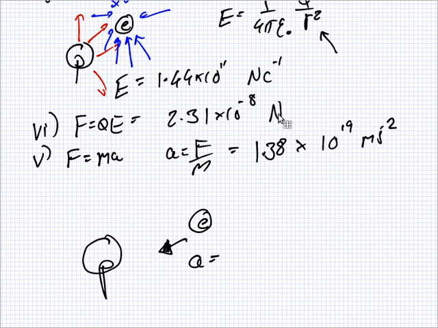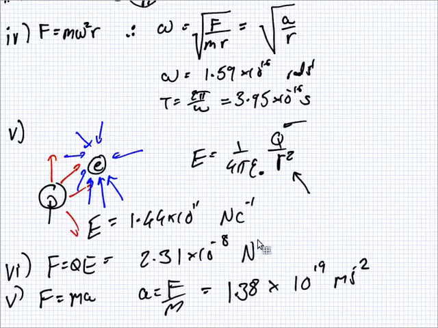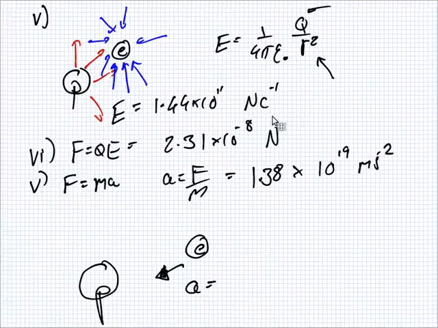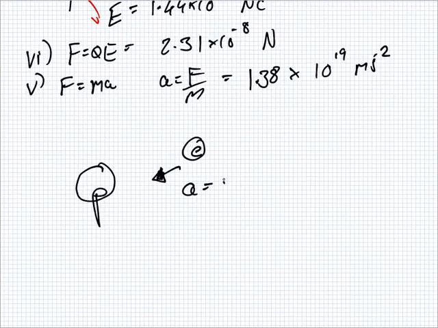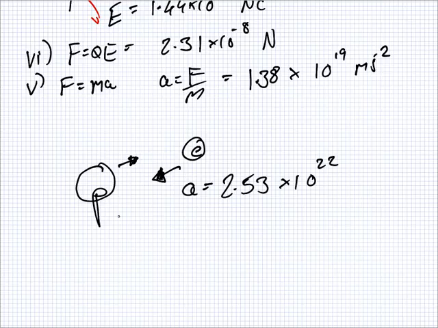It was 2.53 times 10 to the 22. And then the acceleration of the proton, 1.38 times 10 to the 19. This is an extra note.